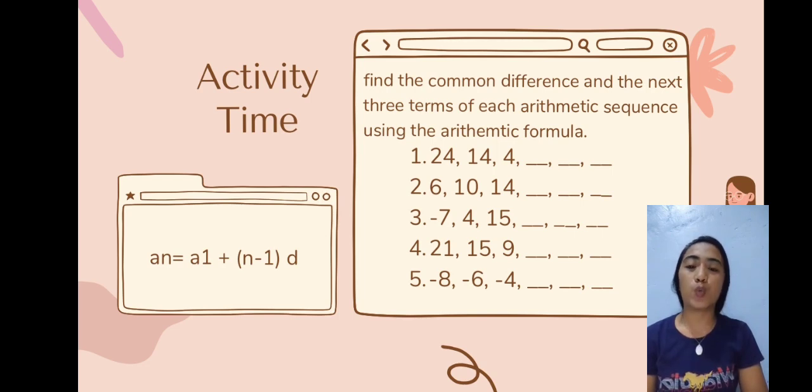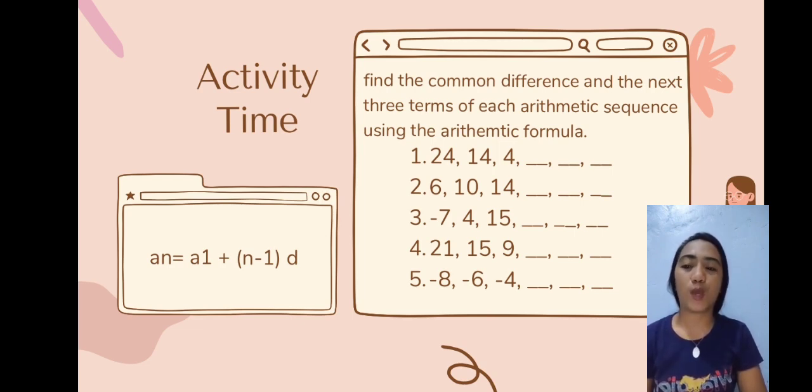And then in number 2, we have 6, 10, 14, and then we will find out the fourth term, fifth term, and the sixth term. And then in number 3, we will have negative 7, 4, 15, and then we will find out again the fourth term, fifth term, and the sixth term.